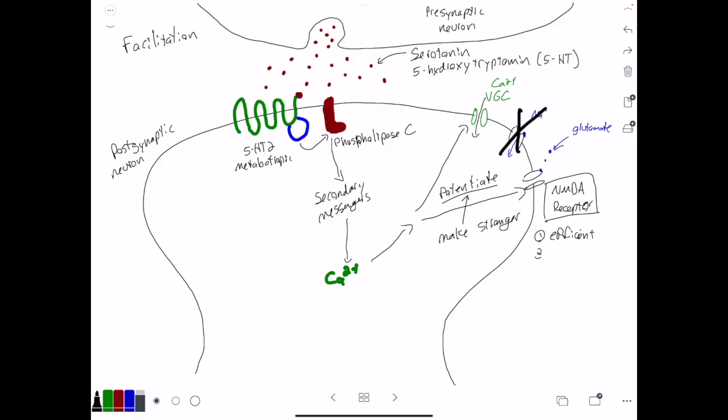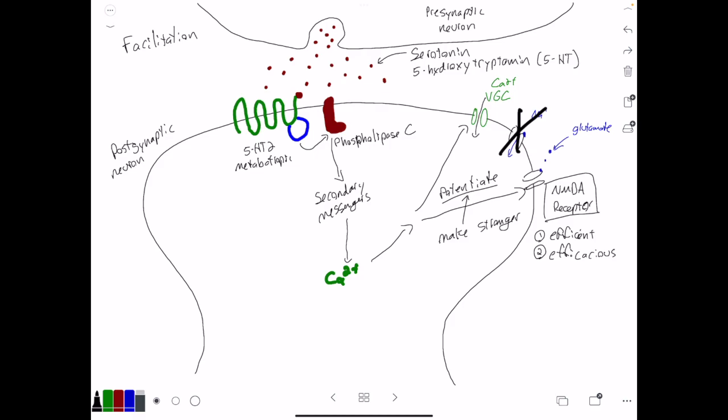More efficient or efficacious. And I'll probably botch this again, but I think you know what I mean, efficacious. And so by making the glutamate signal stronger, it can increase that signal as well.